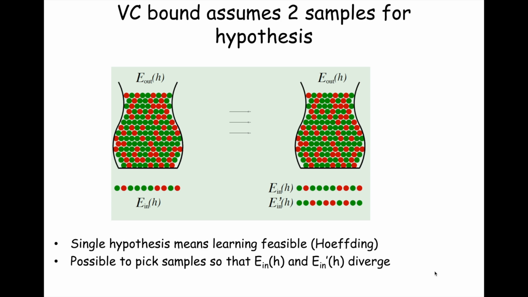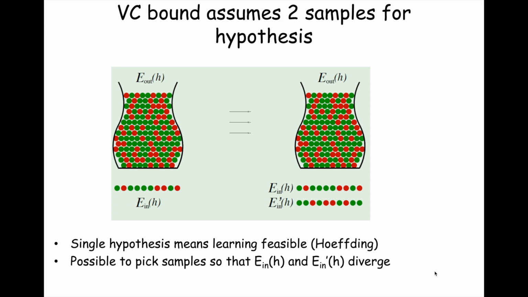Because you just might hit that one pathological example where the luck of the draw makes En prime of H very, very different. You might have a lot of mostly red marbles for En prime of H and mostly green marbles for En of H. And it's very possible to do that. In fact, you could try that experiment yourself. So nonetheless, if you have these two samples, you can essentially get them to be different from one another.